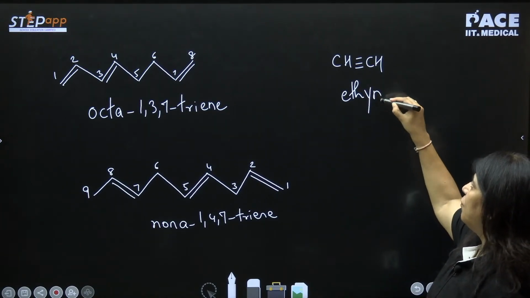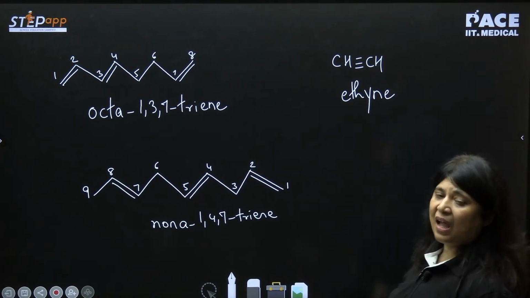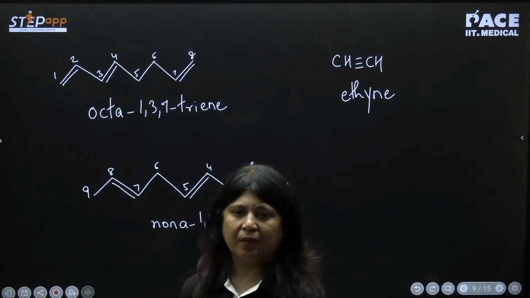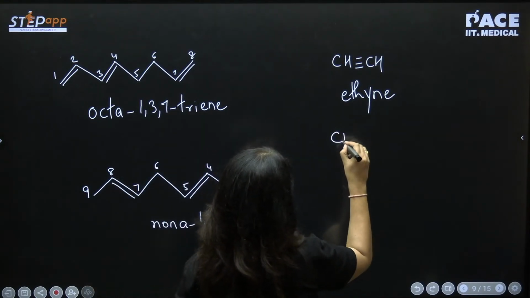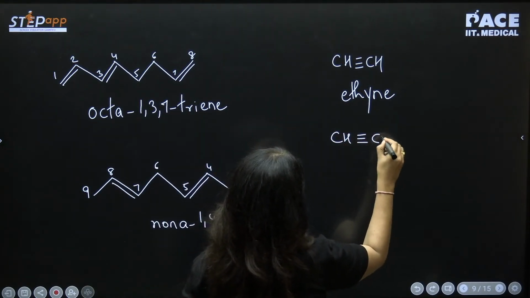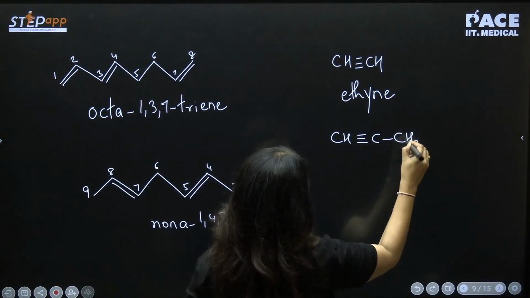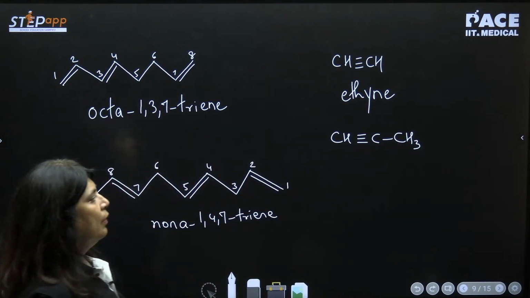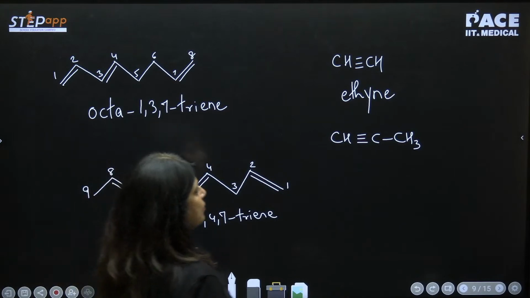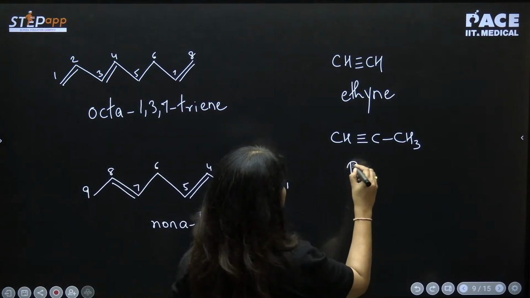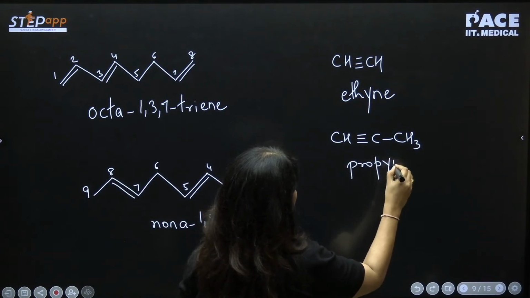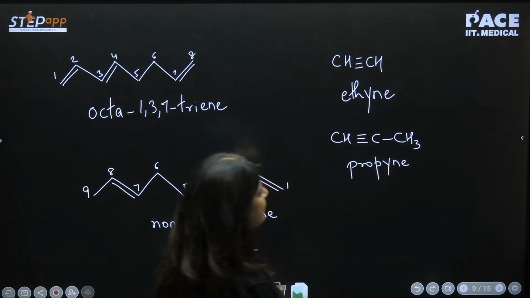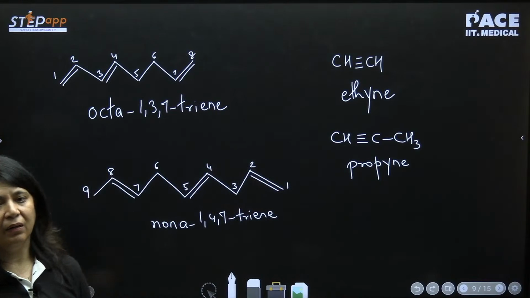So the name of the organic compound is ethine. Three carbon atoms. So root word prop. Again, there is a carbon-carbon triple bond. So the suffix to be used here is ine, propyne.